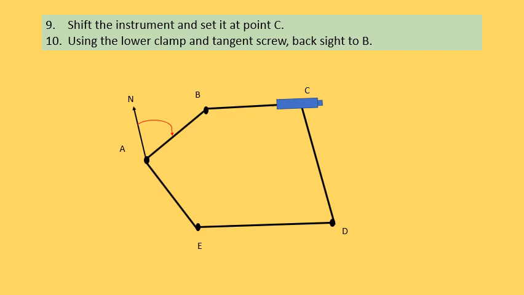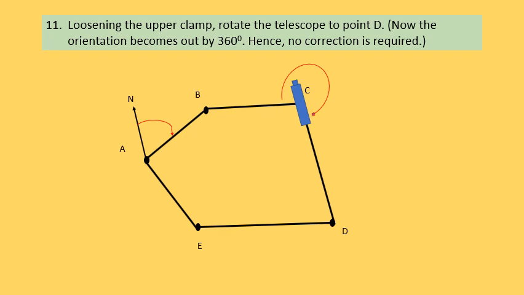So I have to unclamp the upper screw. So this entire circle we have completed. Here also I am moving the instrument through 180 degrees. So we have turned the instrument unnecessarily 180 degrees twice, one at point B and another at point C.